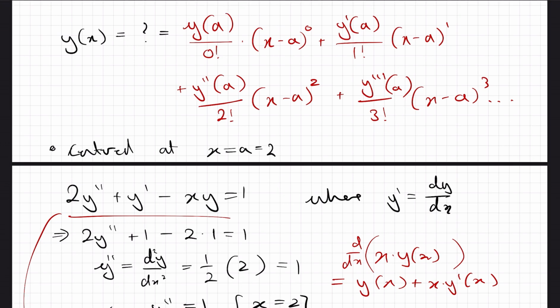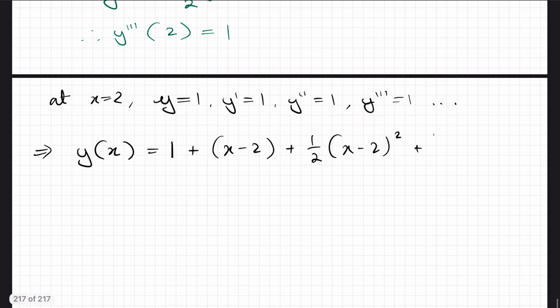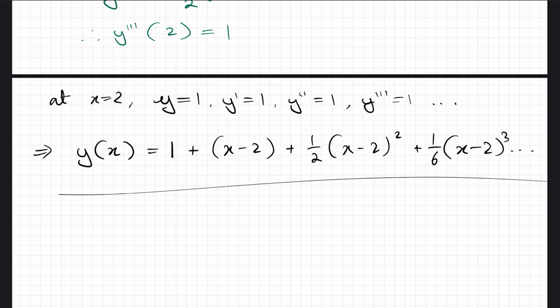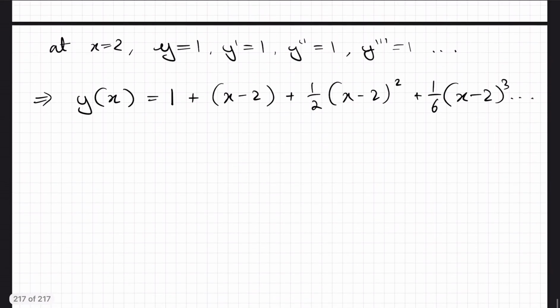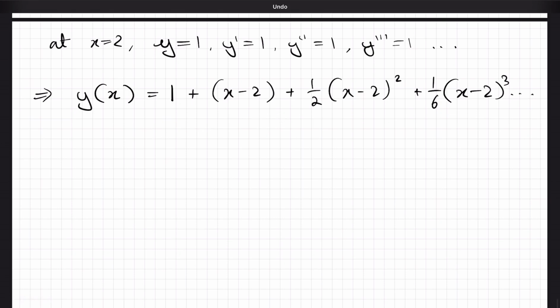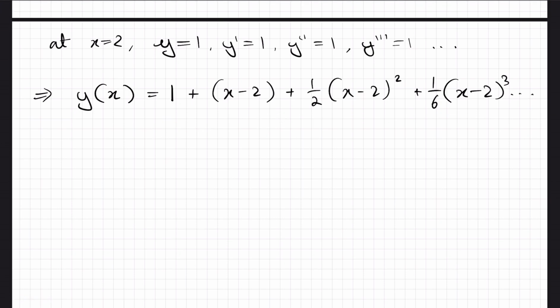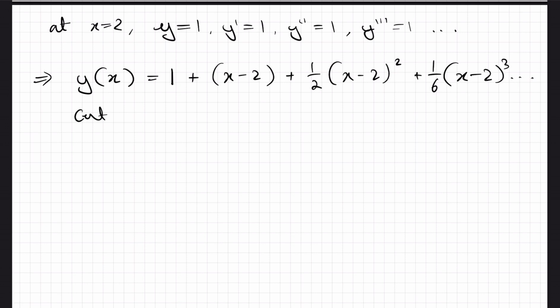So that's 1 over 6 multiplied by x minus 2 to the 3. And you can see this would continue if we had more derivatives available, but we only worked it up to y triple dash. And now you can see we've basically got the Taylor expansion at x equals 2.